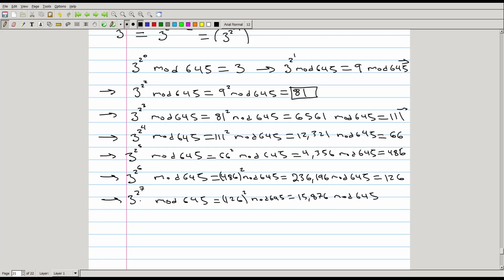And note that 3 to the 2 to the 7 is one of the numbers that we need. This value is 396. So we have to store this value.